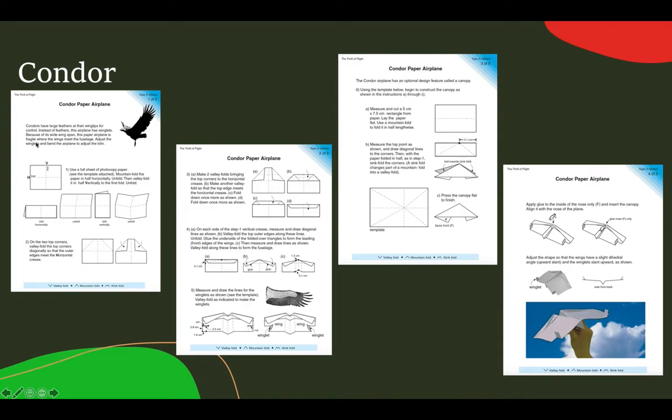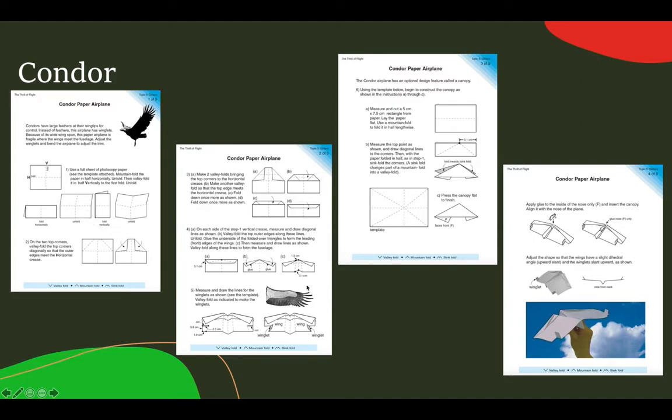Then adjust the winglet and bend the arm to adjust the trim. So you can modify this a little bit yourself. Maybe you want to make the winglet bigger or smaller. It gives you a guide to use, with all of the different steps for what to do to build this one.